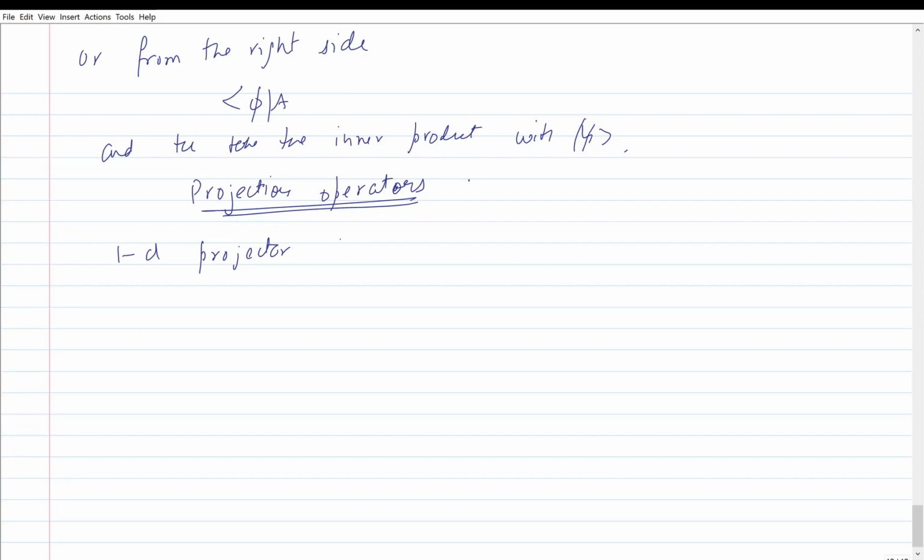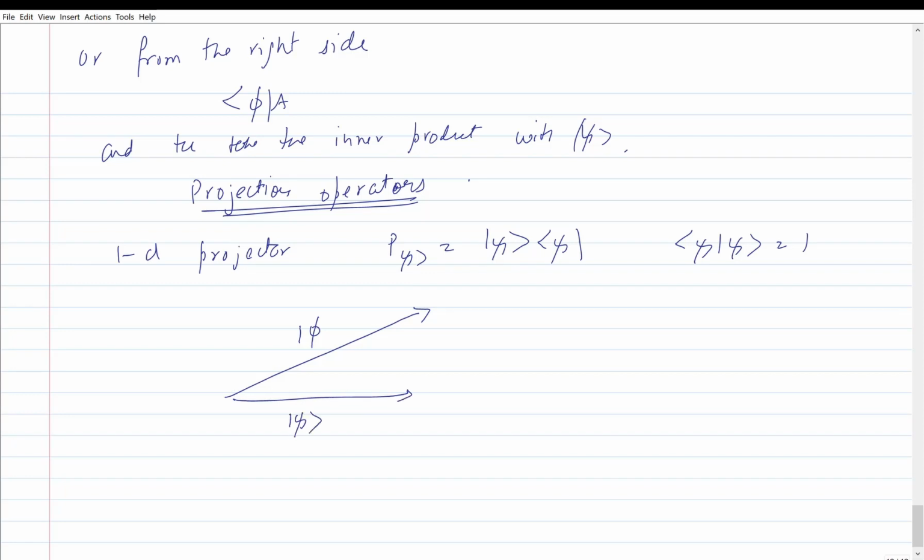But let's say the one-dimensional projector would be given by this matrix. Remember, it's an outer product, this is the matrix. If it is orthonormal, then I have the norm to be 1. But essentially the idea is the following. I have a vector phi, and I want to project it in this particular direction over here.